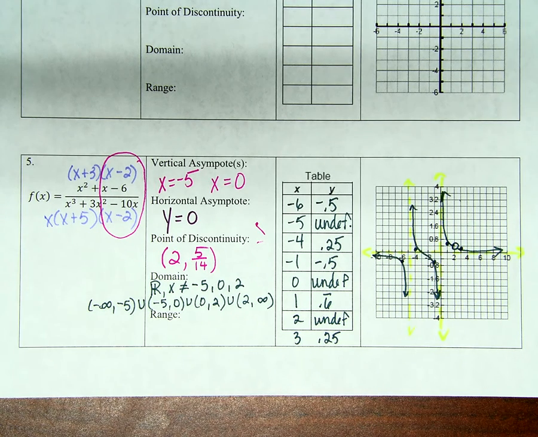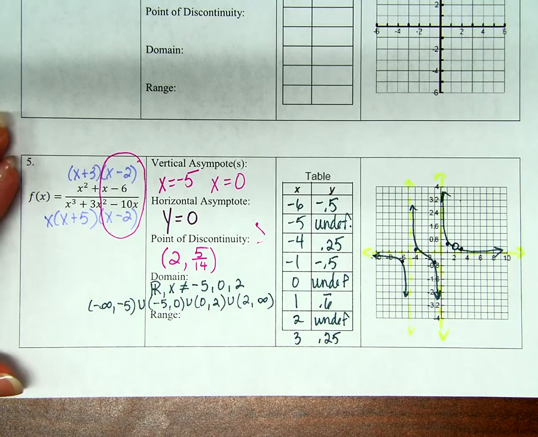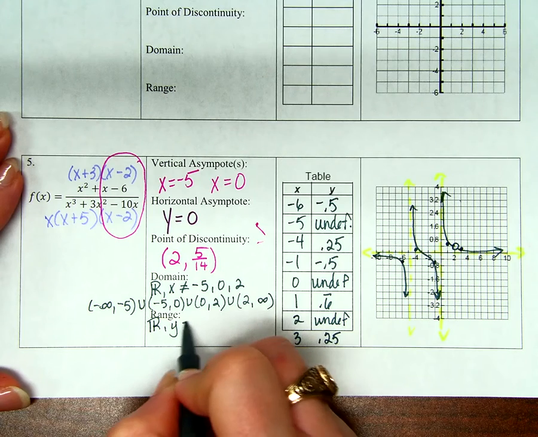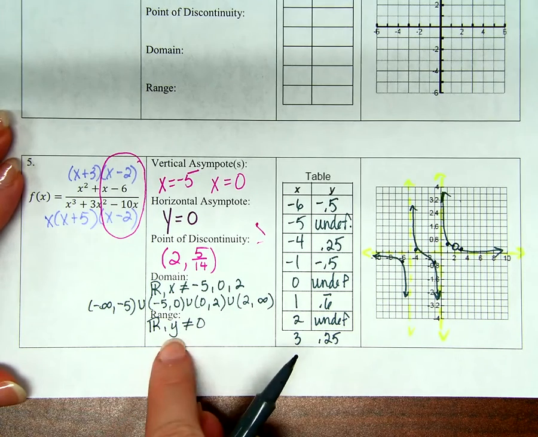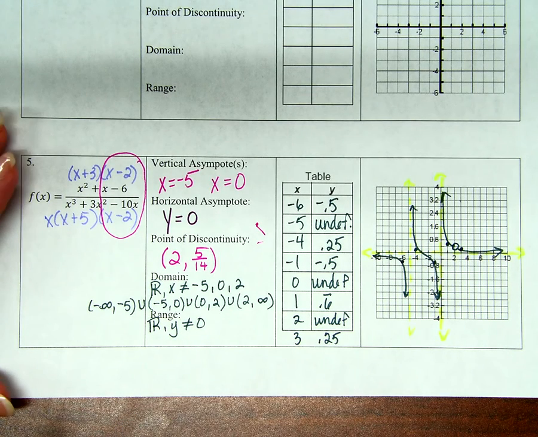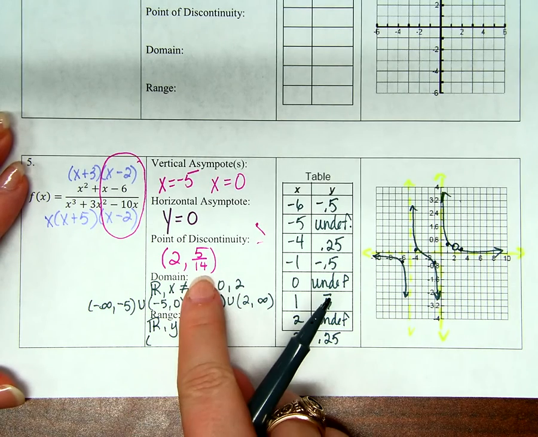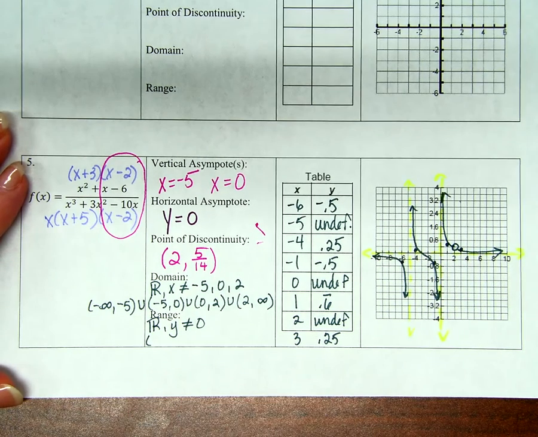What are the y values allowed to be or not allowed to be? Everything not 0. All reals, y is not equal to 0. You're correct. We are talking about range, so it is y not equal to 0. So, well, yeah, we really need to talk about that too, don't we?